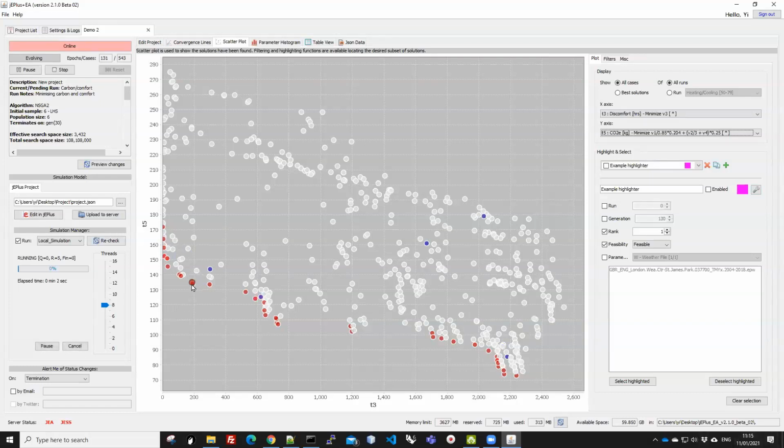So the more realistic scenario is actually you draw a line here, say anything with discomfort hours under 200 will make me happy. And in that sense, you are saying that anything under 200 for discomfort hours you consider equally valid or equally good.